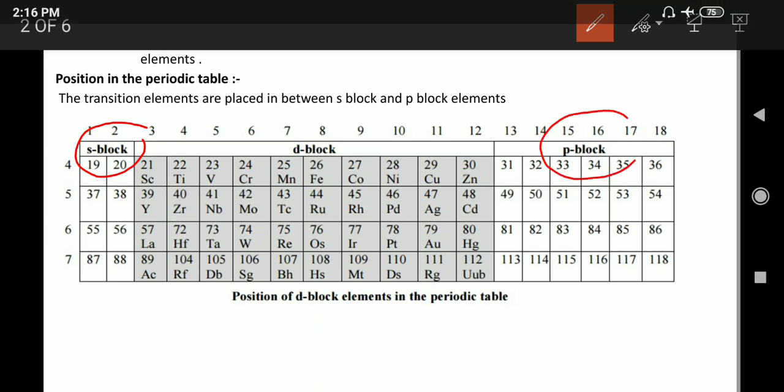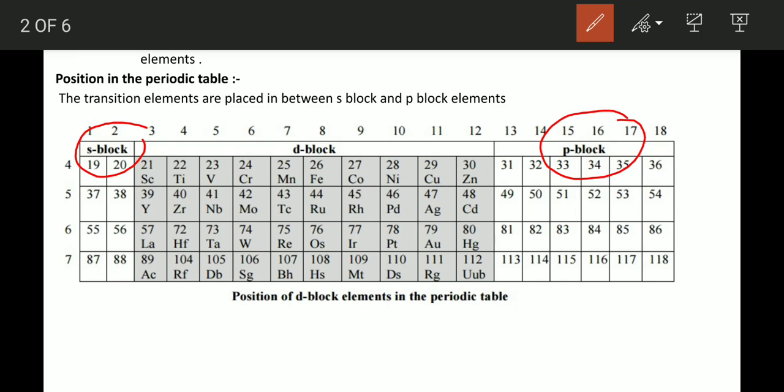On the extreme right hand side are the p block elements, which are called normal elements. In between s block and p block is the d block. S block elements are electropositive, p block elements are electronegative. So the characteristics transfer from electropositive to electronegative through this d block. That's why it is called transition element, because of the transfer of characteristics.